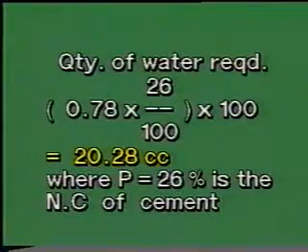Therefore, the total quantity of water required is equal to 0.78 multiplied by 26 divided by 100 multiplied by 100, which comes to 20.28 milliliter, where P is the normal consistency of cement sample, which is taken as 26% in this case.